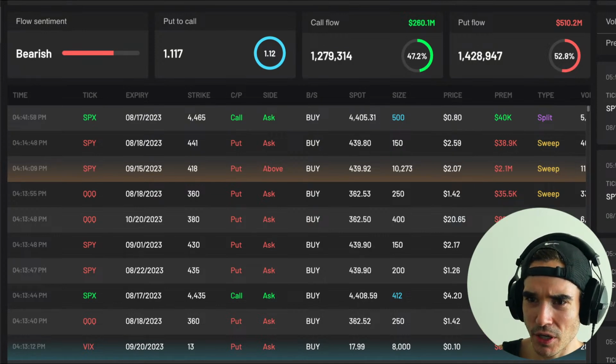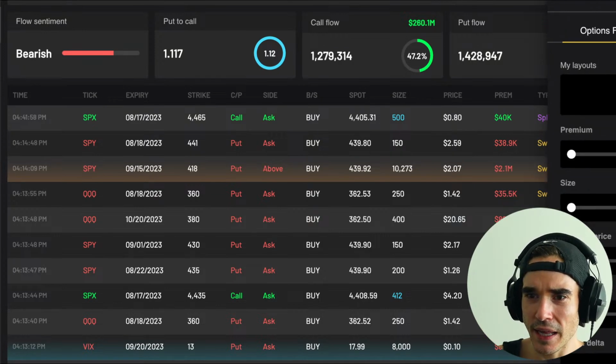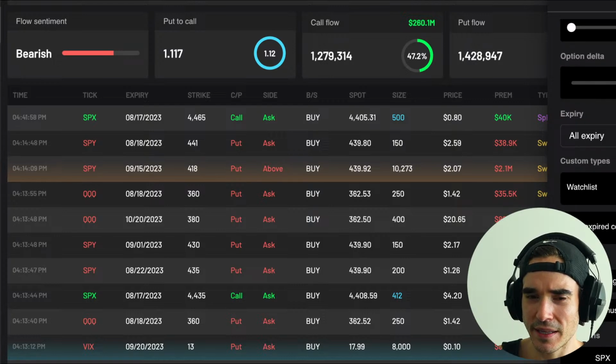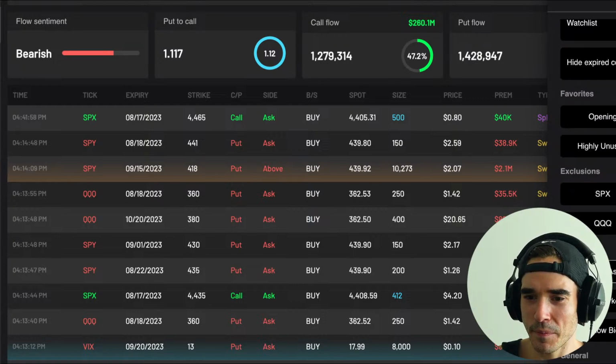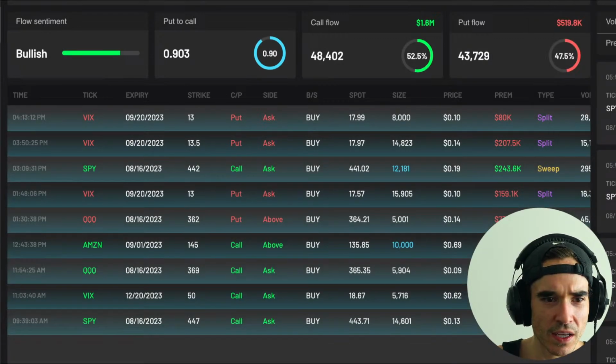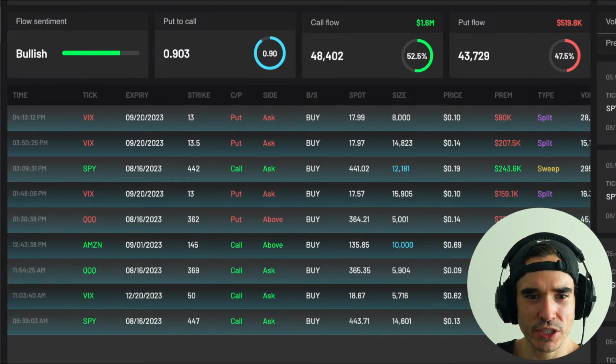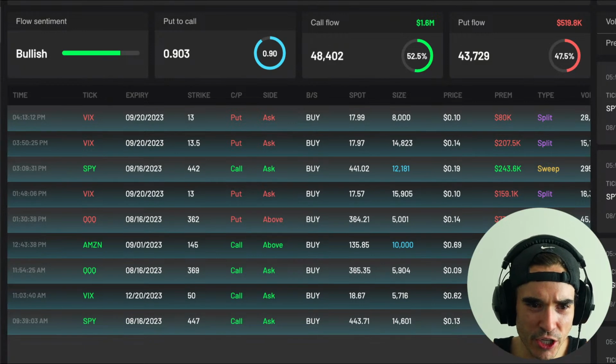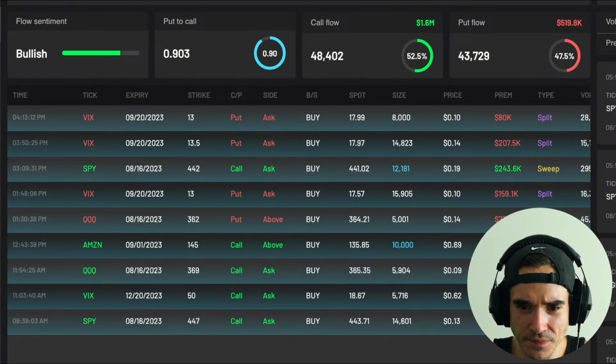So we're seeing some dark pool prints. Let's see if anything stands out to us here. Bullish, that's funny. These are probably inverse though. Oh no, weird, huh? So here's some unusual action today.